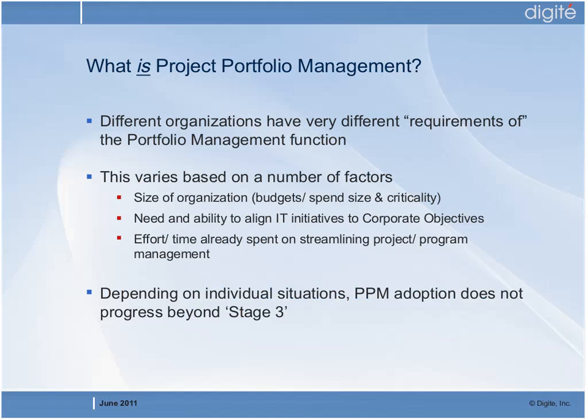It could be just the size of the organization, the amount of money that they have to spend, and how critical something like this is to them. The second, of course, is the need and the ability to align IT initiatives to corporate objectives.